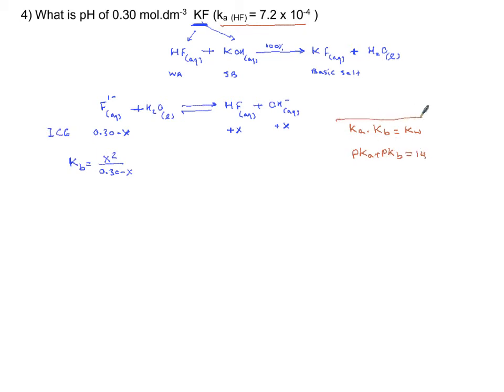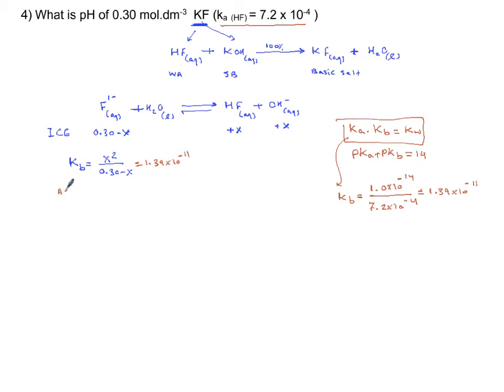So I'm going to use the first equality, bring it down here and say Kb is nothing but Kw, which is 1 times 10 to minus 14 at room temperature, divided by Ka, which is 7.2 times 10 to minus 4, and this becomes 1.39 times 10 to minus 11. So this is equal to 1.39 times 10 to minus 11.